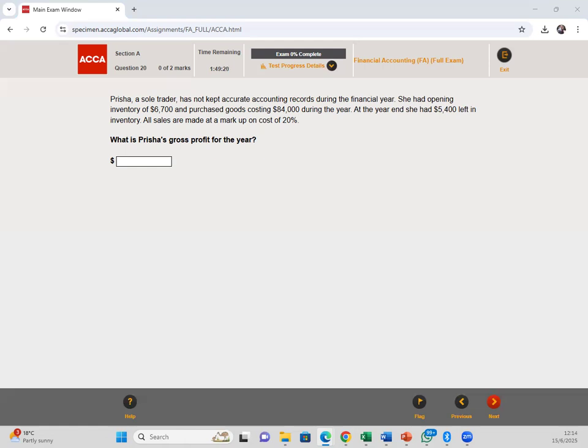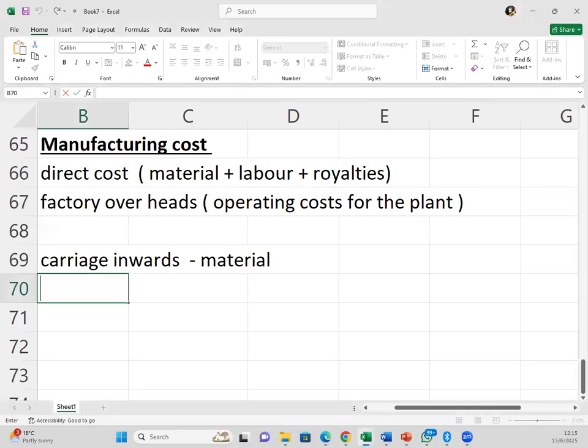So they're asking for gross profit. Having inventories and purchases, to get gross profit you know that you have to say sales minus cost of sales, but we don't have the sales in this case. But we're given markup.